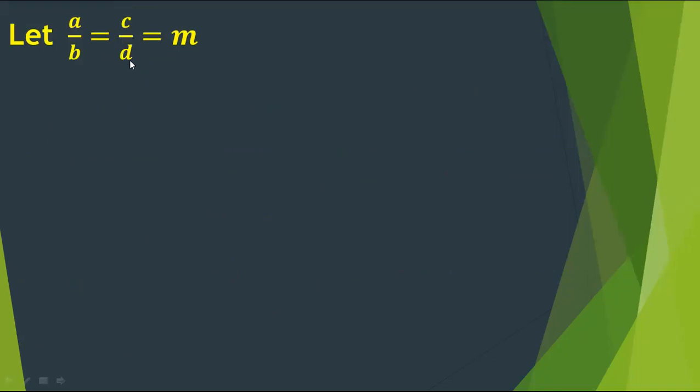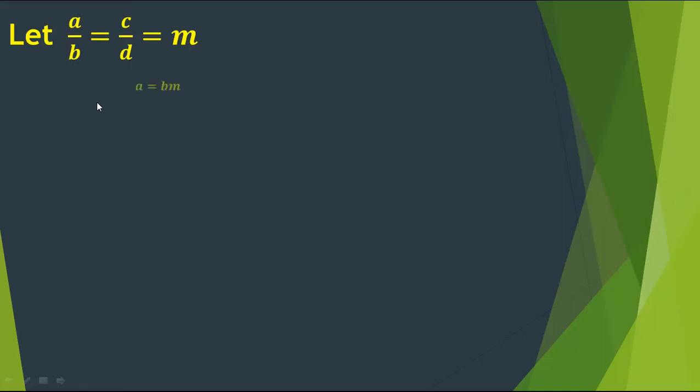As we said, no. A over B equals C over D equals M, such that M is a constant number, any constant number. And also we said we can write it K, L, N as you like.